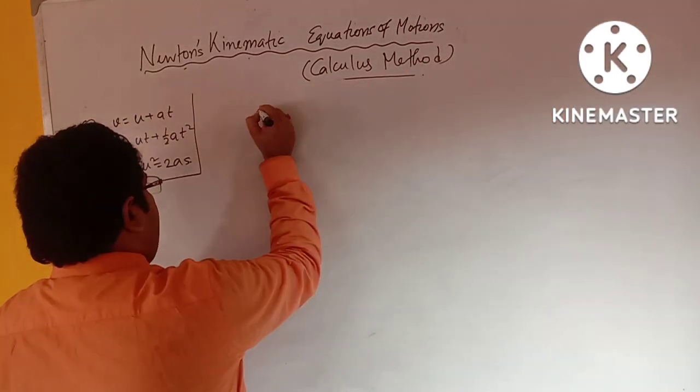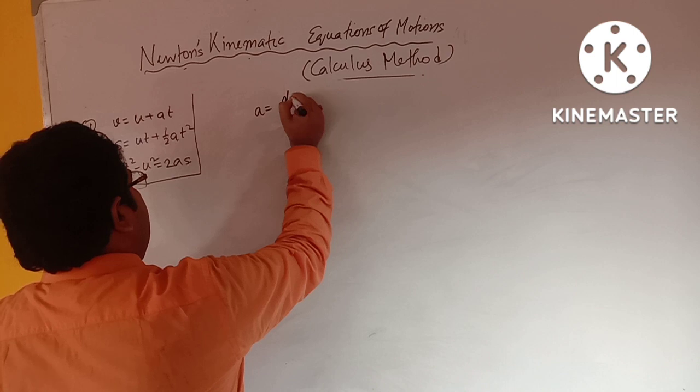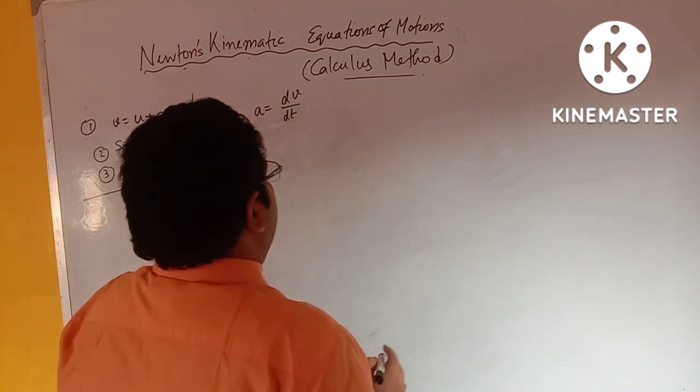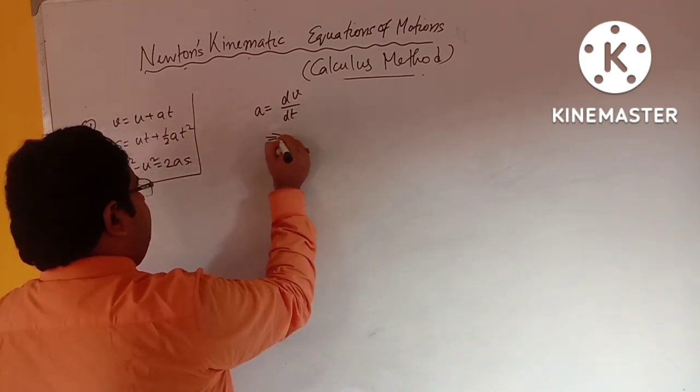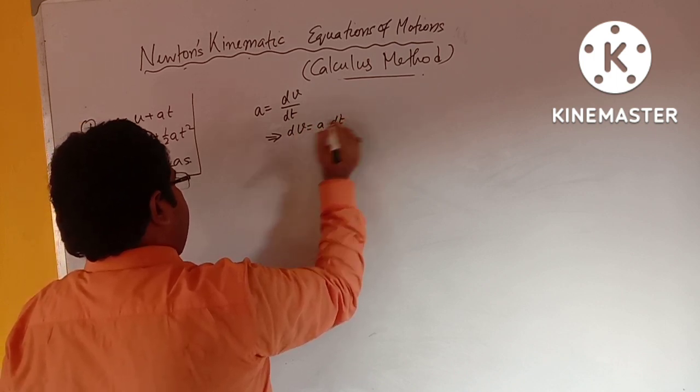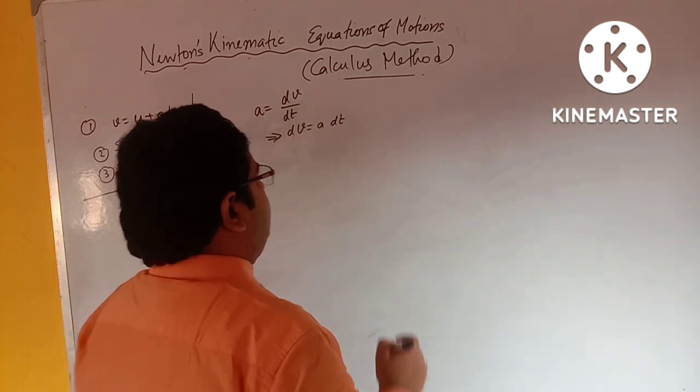Now the acceleration of a body may be defined as the rate of change of velocity with respect to time. Now we frame the equation like this: dv equals a dt. Now you try to integrate this.